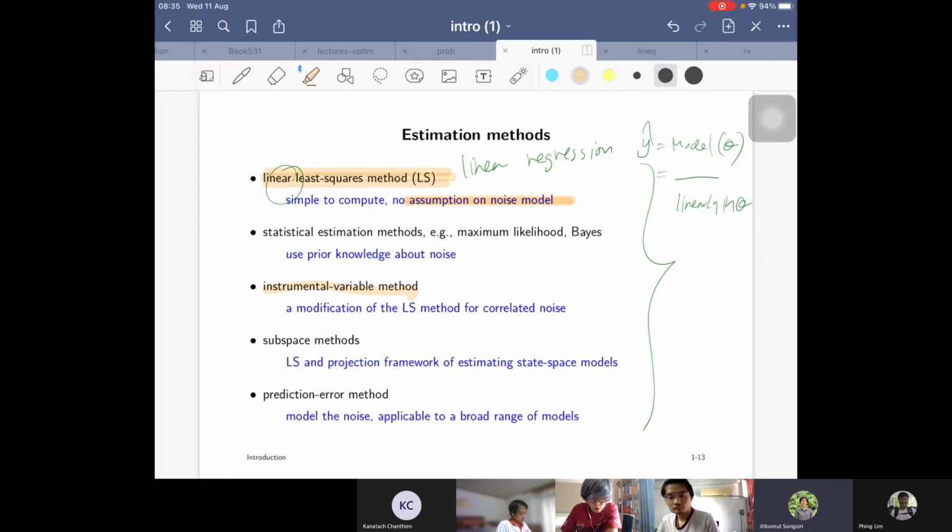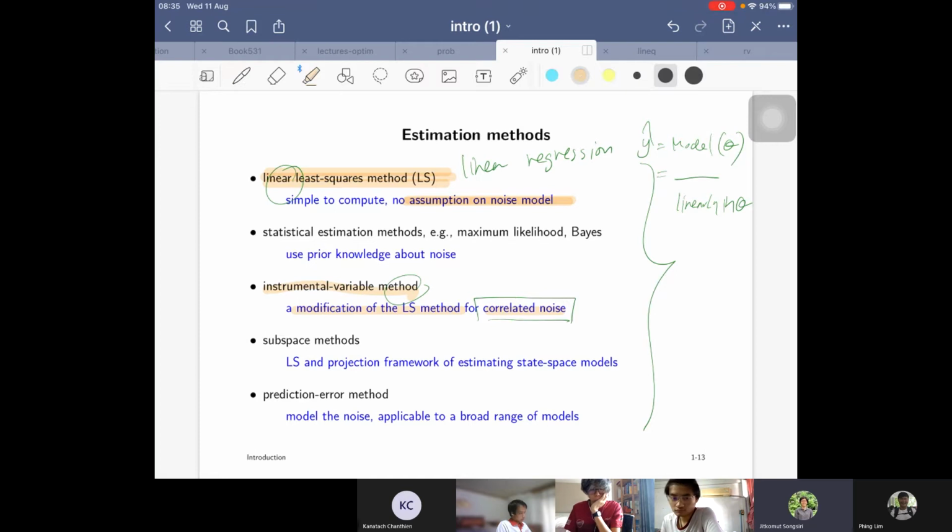It's a modification of least squares for when the noise is correlated. This serves as a remedy for the disadvantage of least squares.